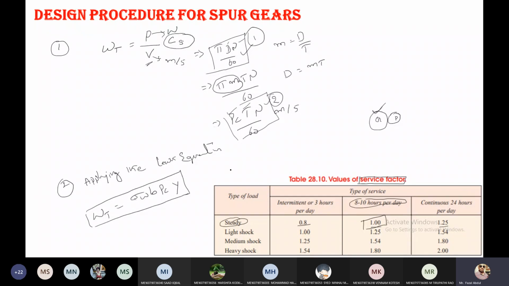To apply the Lewis equation we have three points. First, we have to apply the Lewis equation to the weakest portion. The second one: when the two elements, the gear and the pinion, are made of the same material, obviously the pinion is the weakest one.